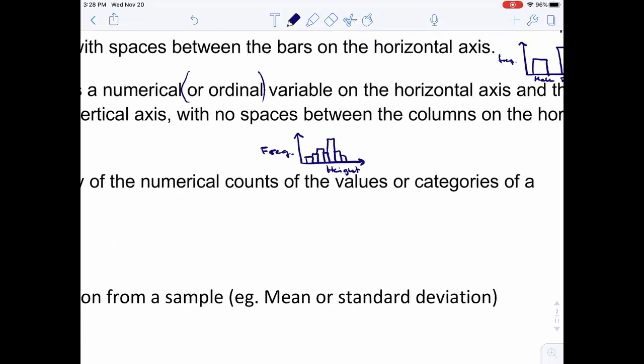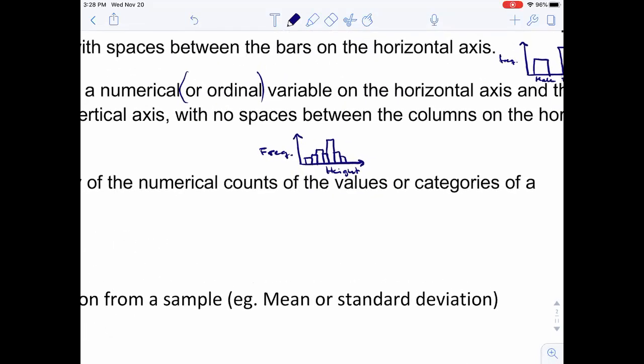If I'm looking at this, even though I just drew it, how would I describe the shape? I would say this is an approximately normal distribution because we've got this bell shape. We're very flexible with how it looks depending on our sample size, especially with a small sample.